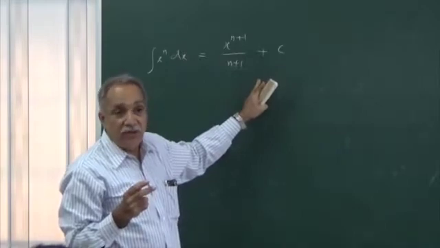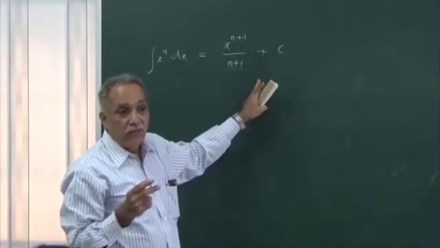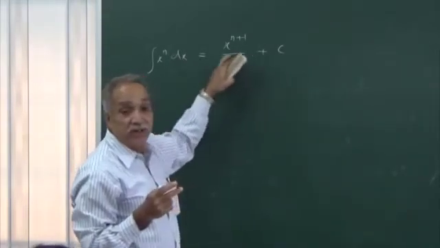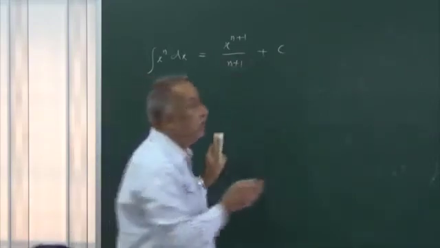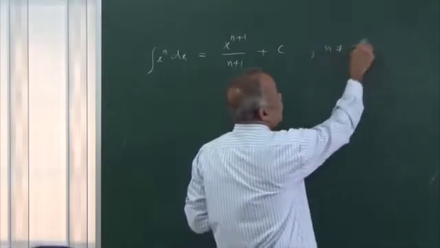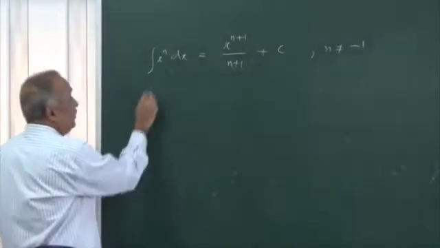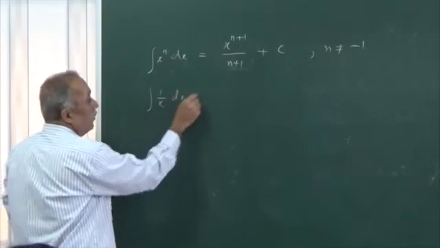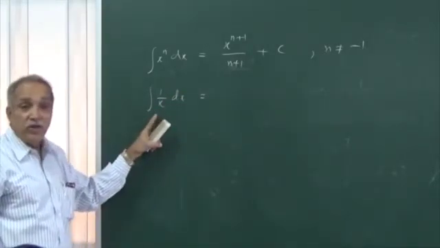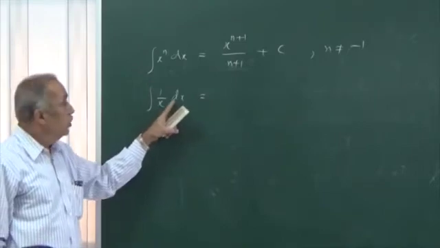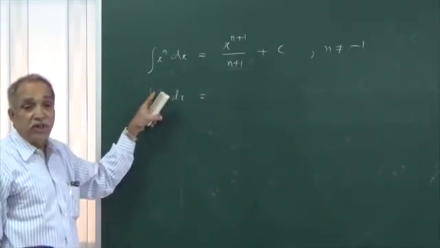Does this apply for any value of n? No. Because we find n plus 1 in the denominator. n cannot be minus 1. If n is minus 1, what will you do? When the numerator of the fraction to be integrated is 1, you may simply write dx as the numerator here.